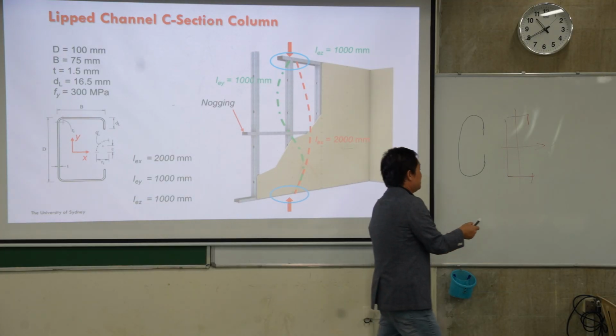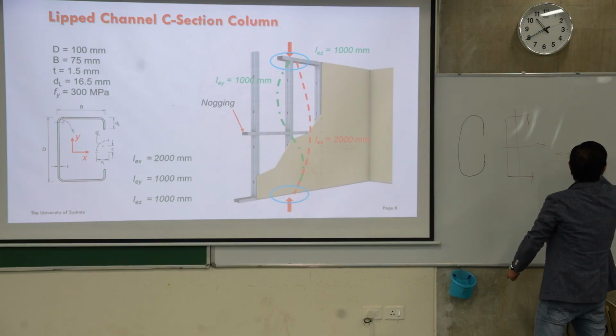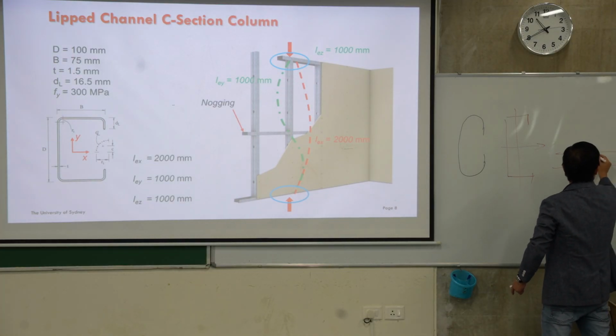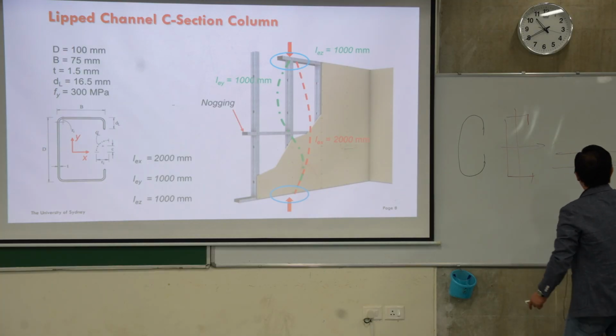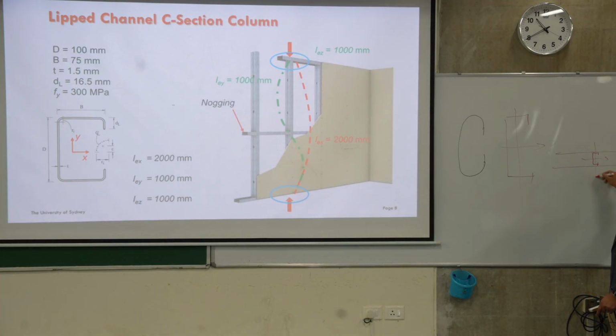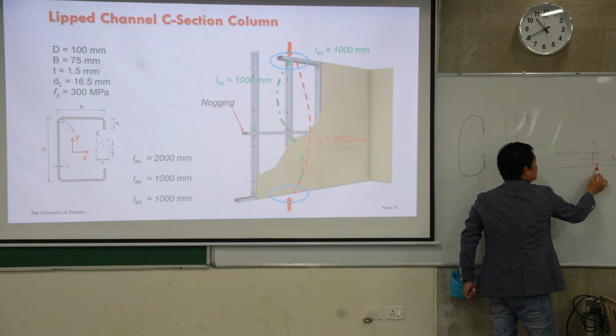Imagine this is the wall and I look down. This is X, and this is Y. If you look this way, you see the flange.